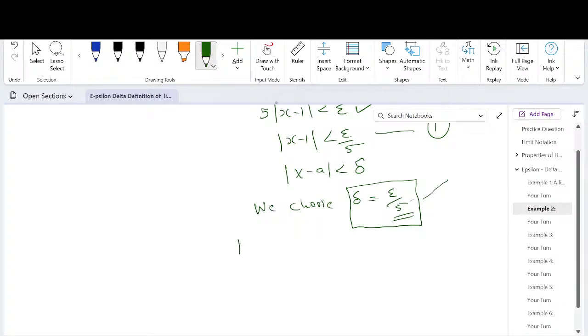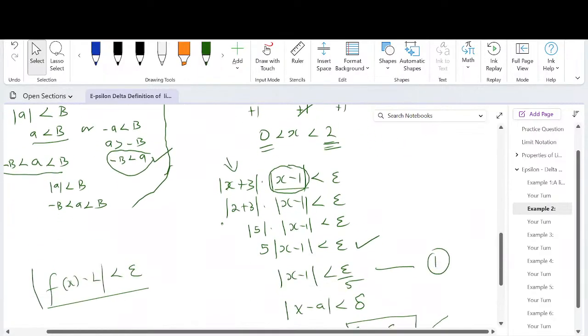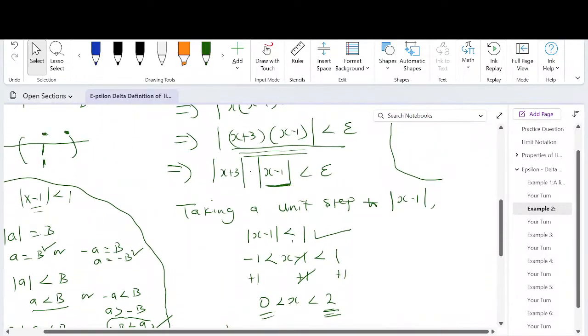But let's see part 2. For a linear function, we still use f of x minus L less than epsilon. But now we're not going to use this, because we took a step towards the absolute value of x minus 1.